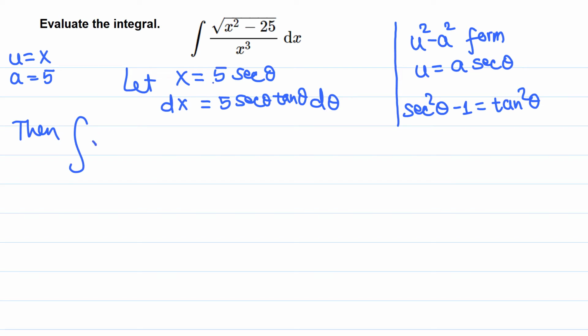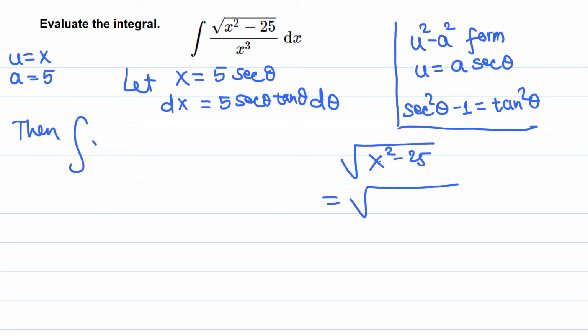Then this integral becomes, let's work this out with this substitution so that I don't have to copy everything. Here, the square root of x squared minus 25 on the top. In this particular case, x is 5 secant theta.